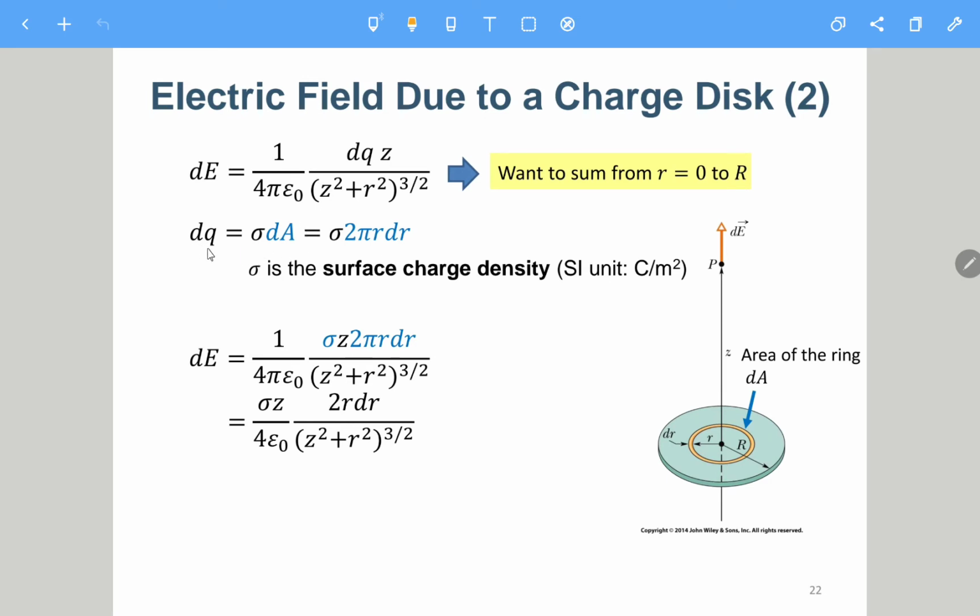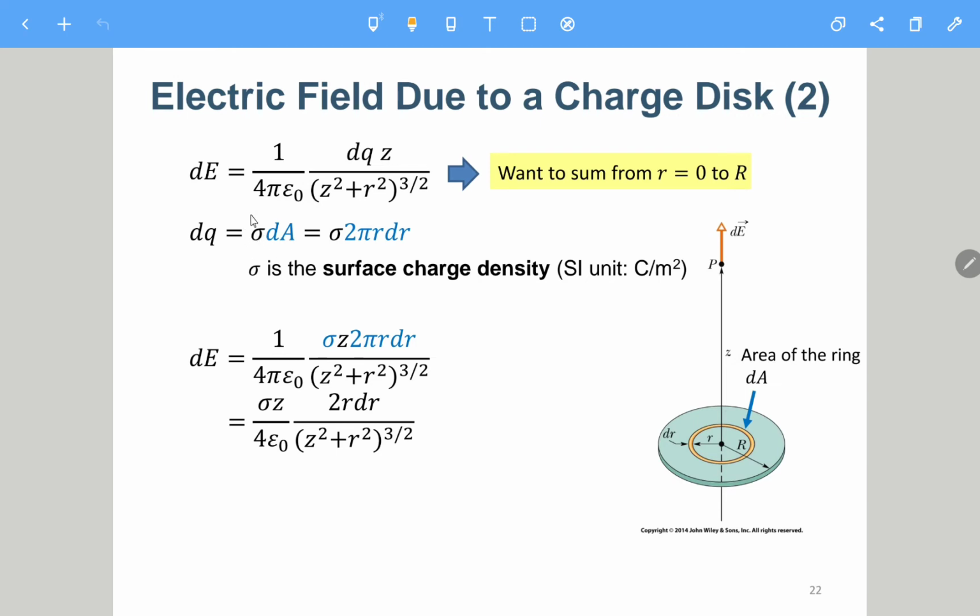Here dq is the charge of this ring, and actually this ring has an area rather than a length. So sigma here is the surface charge density rather than the length charge density, so it has an SI unit of C over m squared.